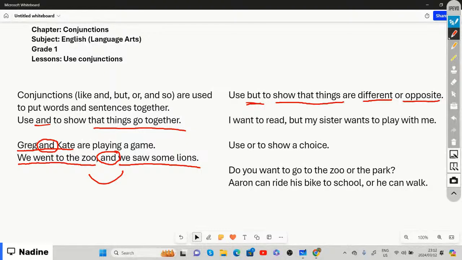Meaning that you don't even mean it, because it shows the opposite. So we use the conjunction but to show that things are either different or to show the opposite.